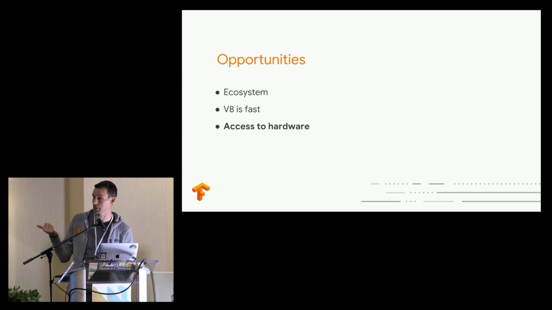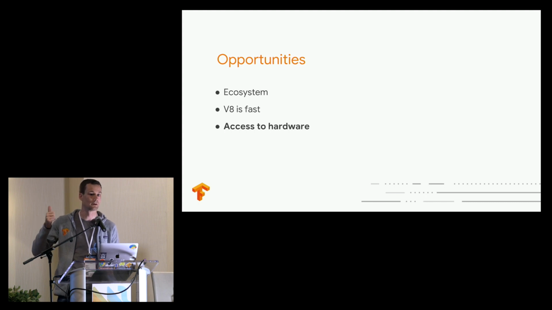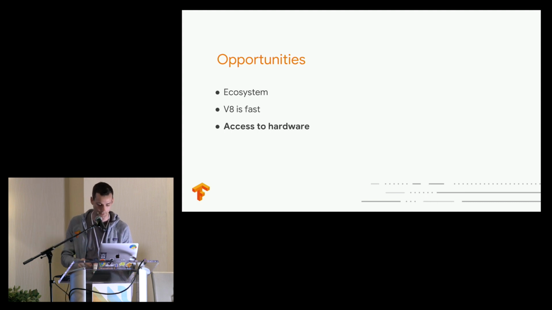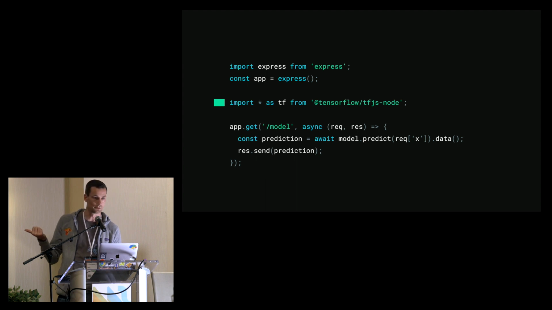The other opportunity is access to hardware. This means ML accelerators, TPUs, GPUs, edge TPUs, and other things as they're coming along the line. I want to show you exactly how easy it is to use this library in Node.js. We've cleaned this up over the past few months. This is an Express application, a request response handler, very boilerplate.